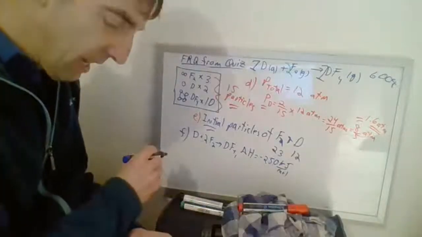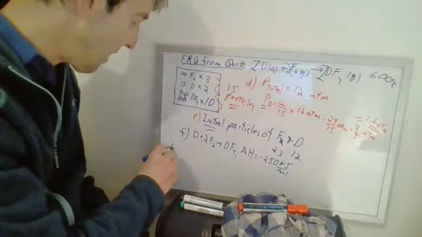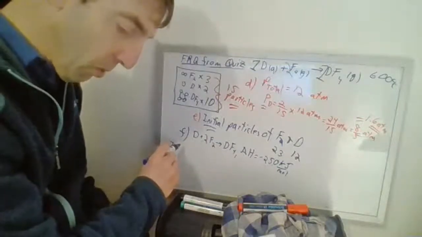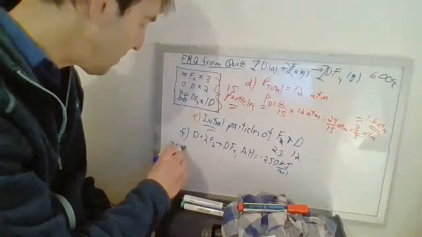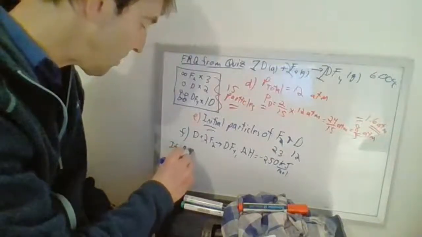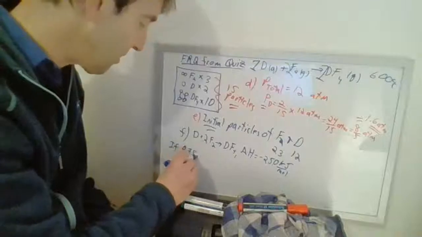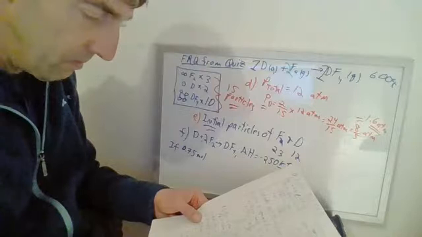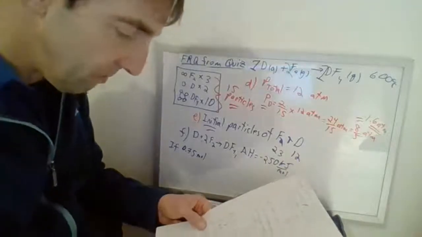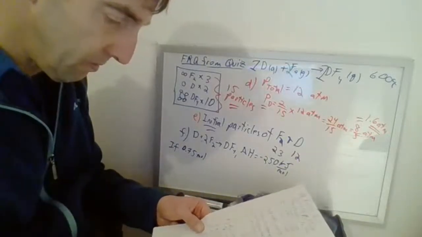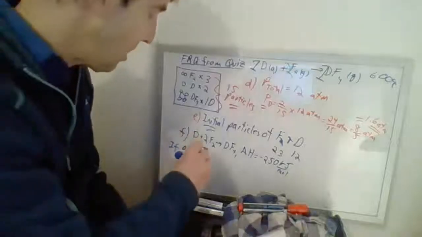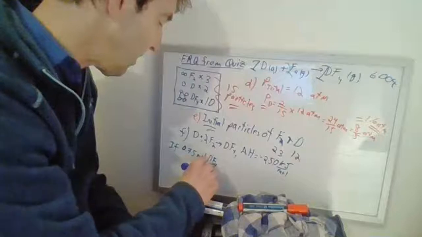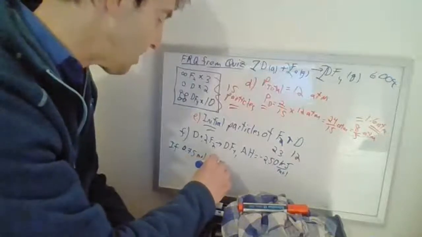And they want to know in F, if I got 0.74 moles or 0.75 moles of DF4, what's the delta H?